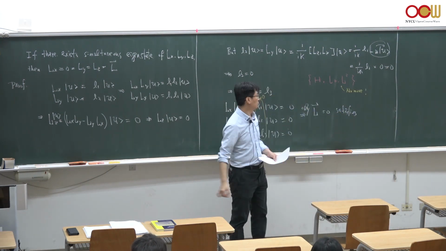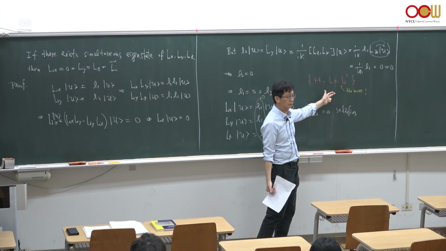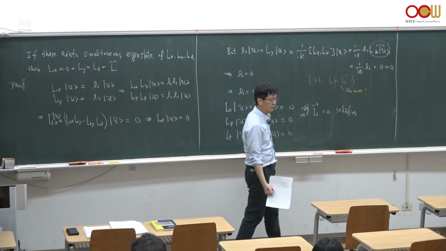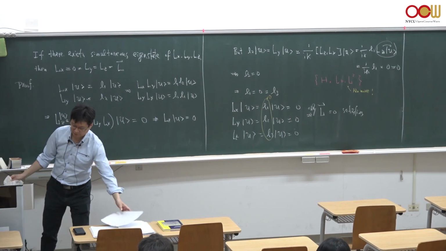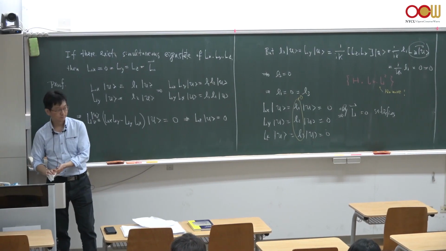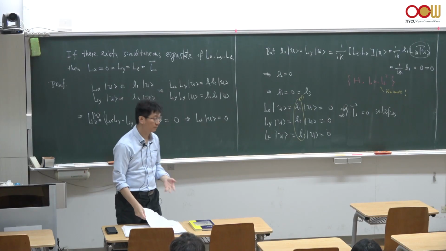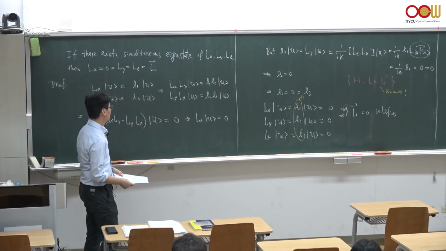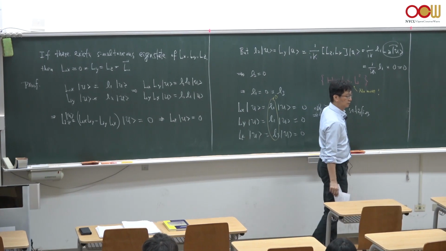Okay, so if we include any one of the additional angular momentum operators, we have trouble. The trouble is that the angular momentum vector should be 0, which is not the case in the first place. So we cannot contradict ourselves from the beginning, and we should not include any more angular momentum operators.